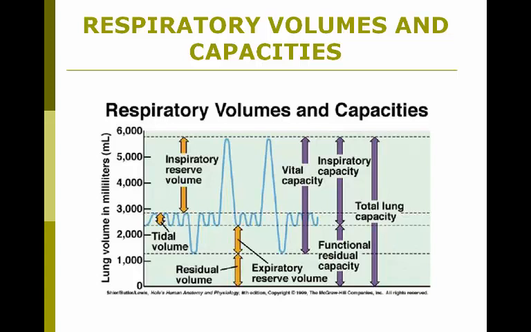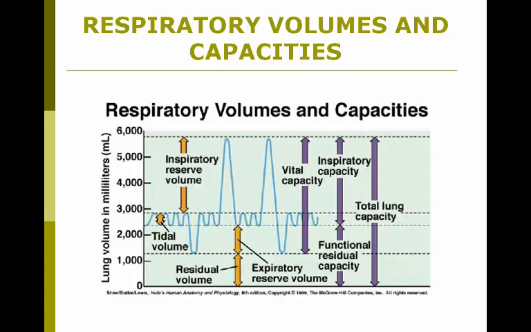Okay, now notice we have some other dotted lines. I'd like you to look at the pair of dotted lines at levels of about 2,300 to 2,800 milliliters, the two middle sets of dotted lines. Notice that most of the upward and downward excursions of the blue traces lie within those two lines.